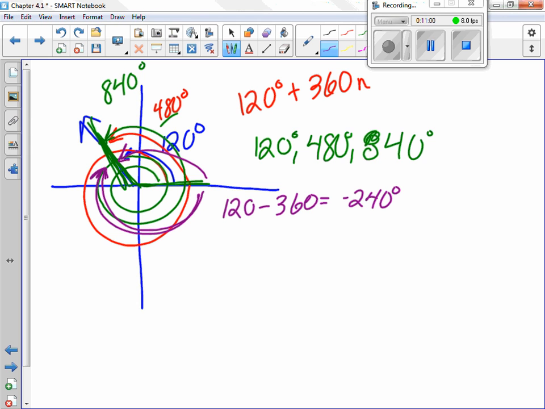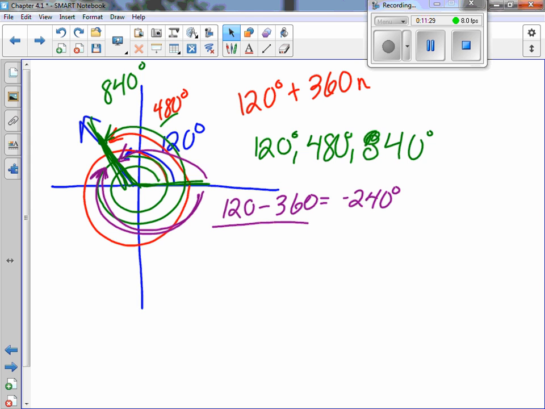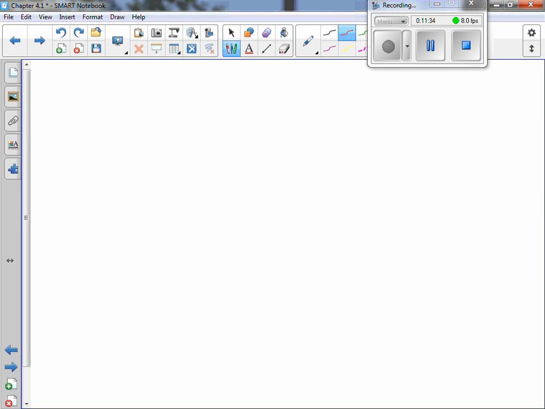This direction I'm going the negative, the opposite direction. And if it makes a full circle, it is 360. So negative 240 and 120 go to the same spot. They're the same angle. They're coterminal angles. Yeah, so it's not actually talking about a distance. It's talking purely about the angles. Does that make sense?